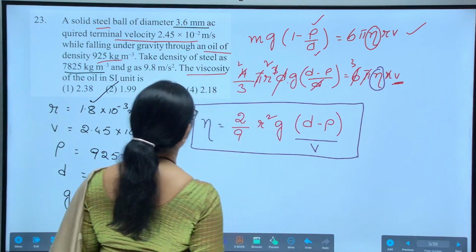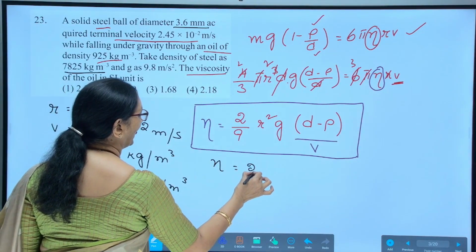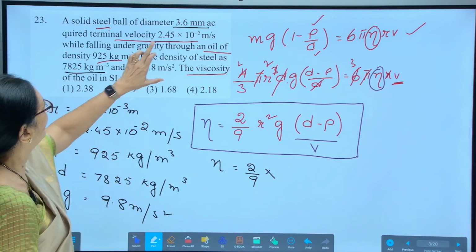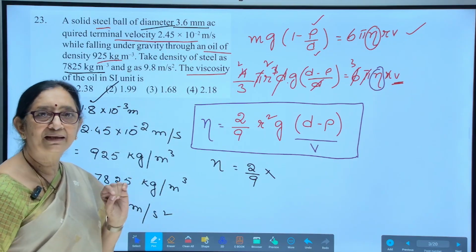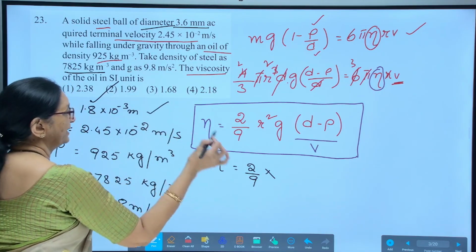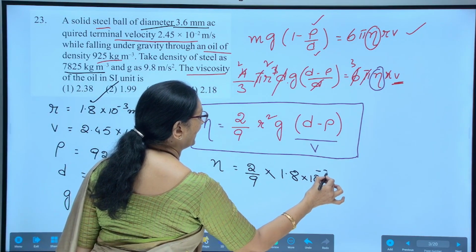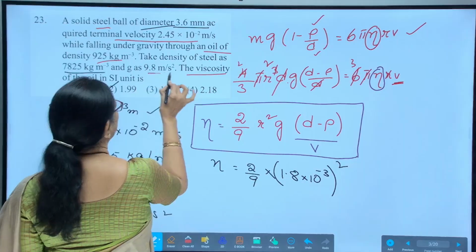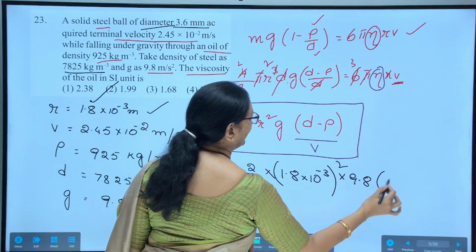Just you need to substitute the given values, 2 by 9. Now what is the r value given? 3.6 millimeters is the diameter, so the radius is 1.8 millimeters. So r square is (1.8 into 10 to the power of minus 3) whole square, and g is given as 9.8 meter per second square.